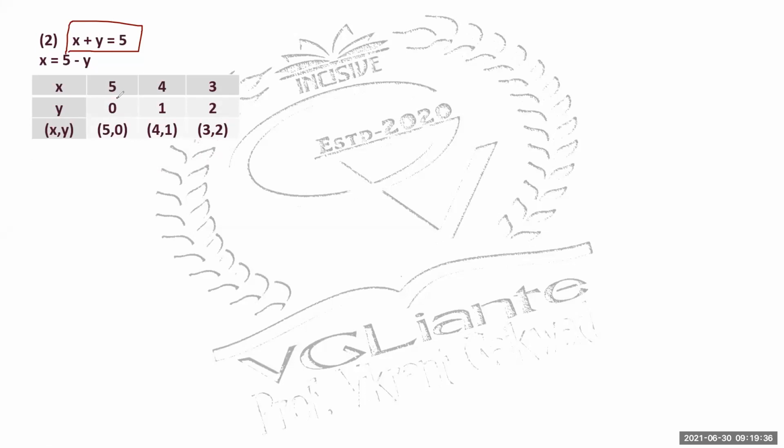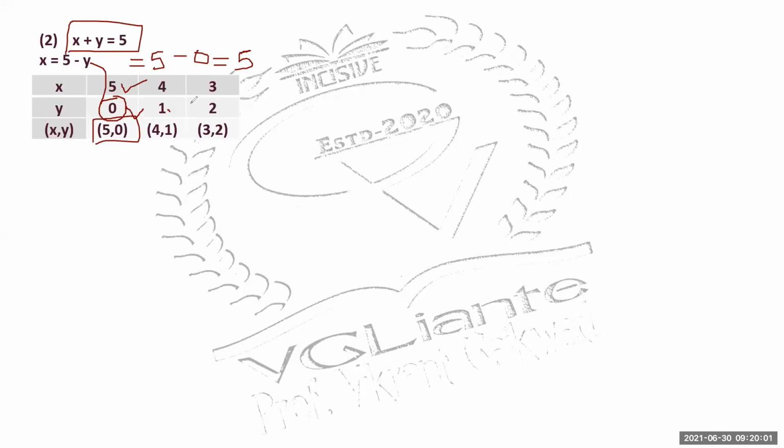Now y is 0. So that is 5 minus 0, so x is 5 when y is 0. So the point is 5 comma 0.